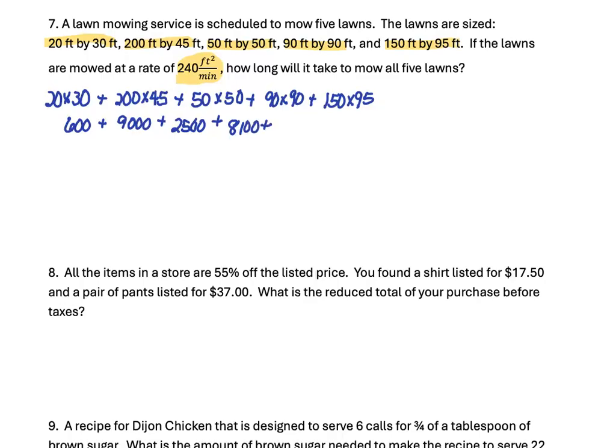Then our last product is 14,250. And then when we add all of those together, this is the total amount we need to mow. 34,450 feet squared.